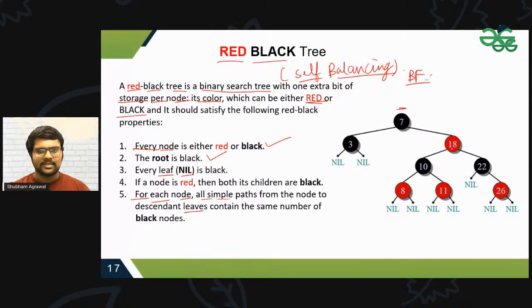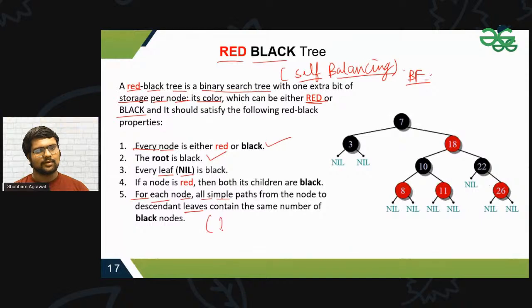In this path also there are only 2 black nodes, and in this path also only 2 black nodes. So every path from a node to the leaves will have the same number of black nodes. This is the main property. This property helps us to maintain a height of log n.